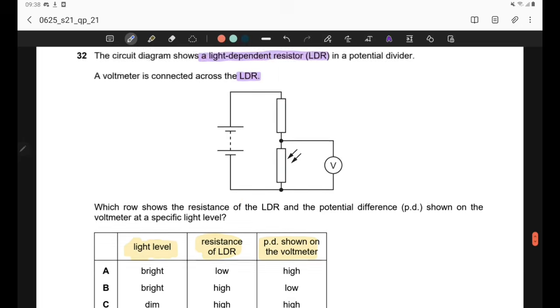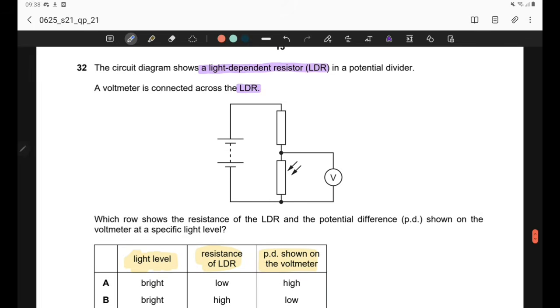First of all, let's look at the circuit diagram and check the properties of a potential divider circuit and an LDR. Initially we need to focus on the LDR. What is an LDR and how does it work? An LDR, or light dependent resistor, as the name indicates, is a resistor. But its resistance value is not always constant.